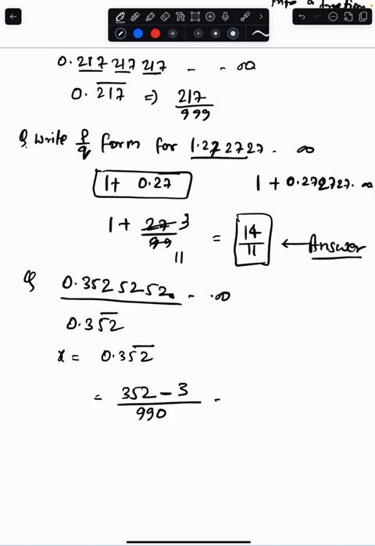In this way we will get 349 by 990. After calculating this, we will convert it into a fraction. Similarly, we will try these questions like 0.12535353 up to infinity.